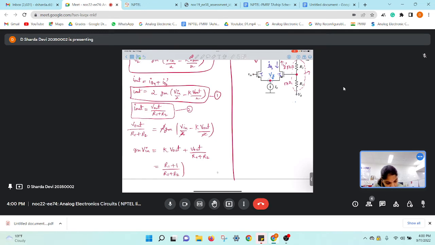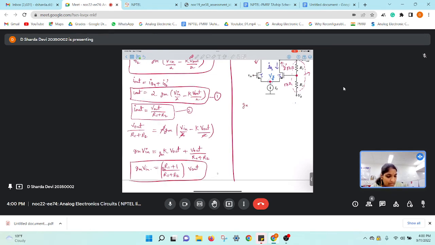Plus 1 times, and we'll have K3. So GM into V out is GM times Vn. This is the expression. We clearly know that GM R1 is much greater than 1. R1 is in few kilo ohms and GM is in few milli siemens, so it will be greater than 1. So we can simply write GM R1 plus 1 to be GM R1.